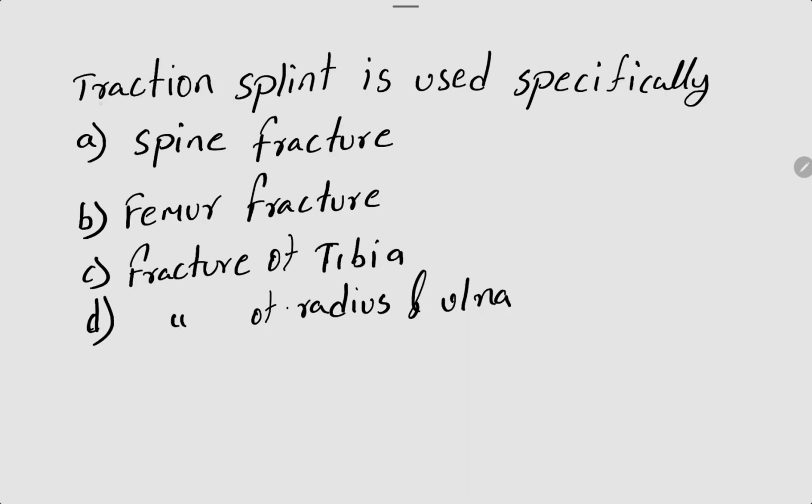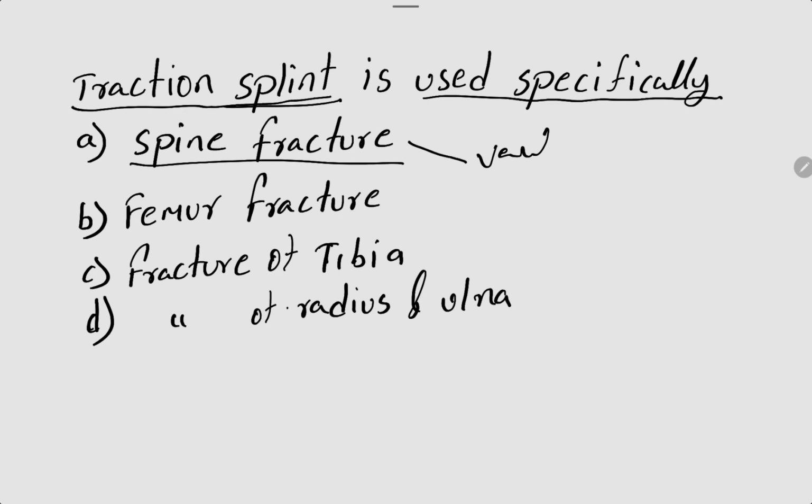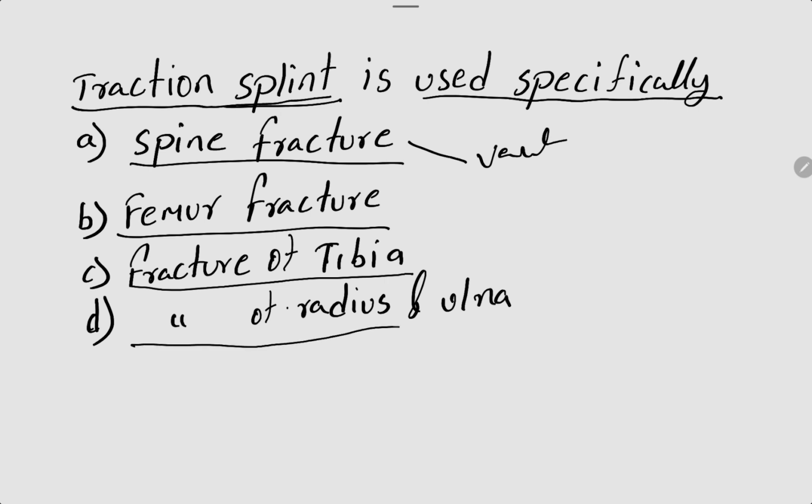The next question is traction splint. Traction splint is used specifically for what? Options are spine fracture, the spine being the vertebral column, femur fracture, fracture of the tibia, and fracture of radius and ulna.